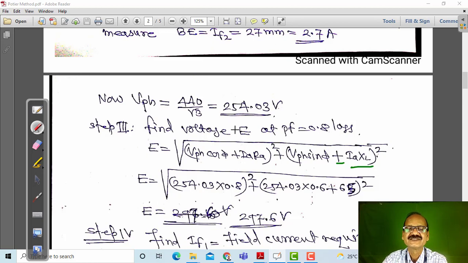So in this way we have obtained that the answer is 297.6 volt, and it is very close to 300 volt because it is a graphical method. You have to just check it. I will rub out this one, and here the negative sign can be used for a leading power factor.